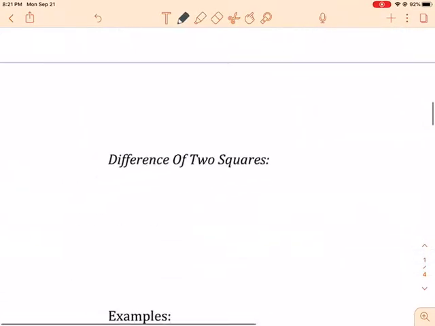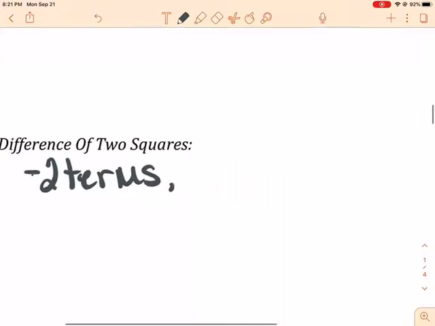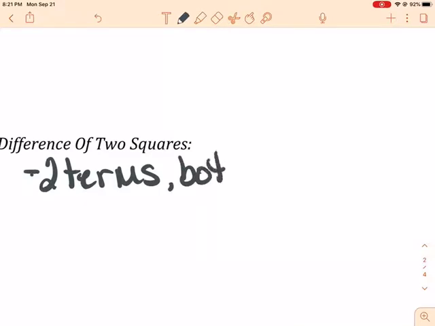The next ones are called difference of squares. Now, the reason we can tell these is that it's 2 terms. Both terms are perfect squares.